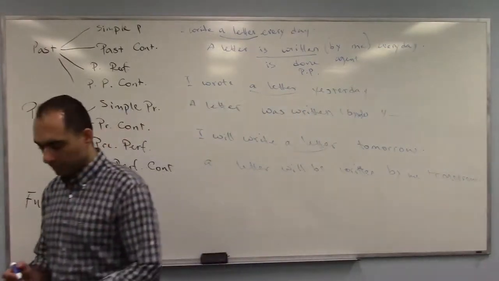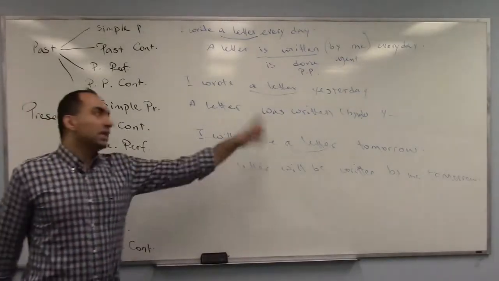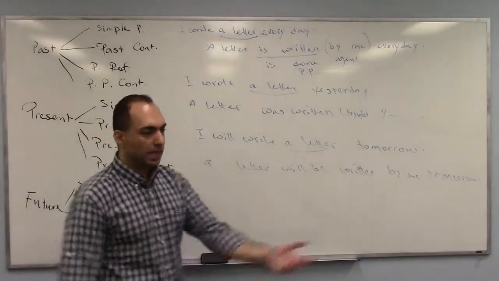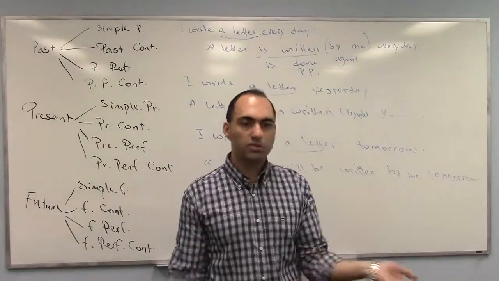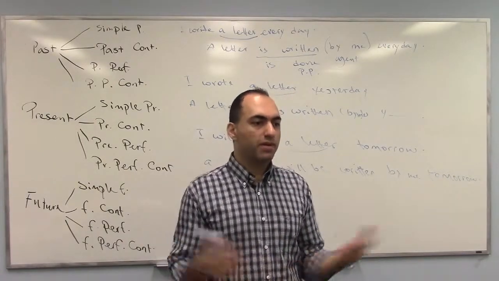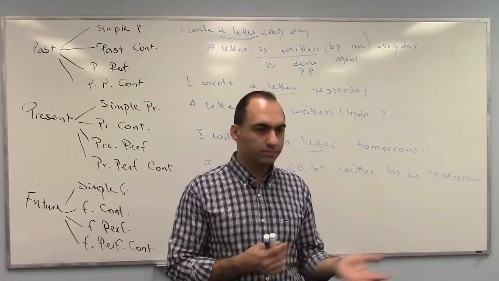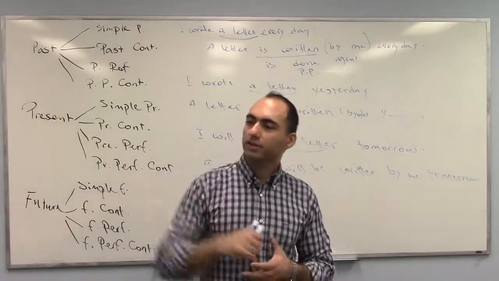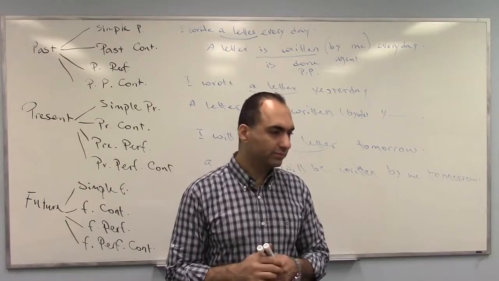Easy, right? I wrote a letter yesterday. The letter or a letter was written. I write a letter, the letter is written. I will write a letter, the letter will be written.